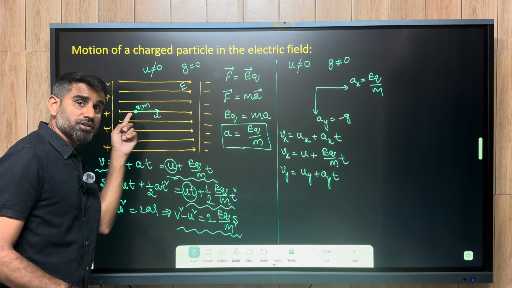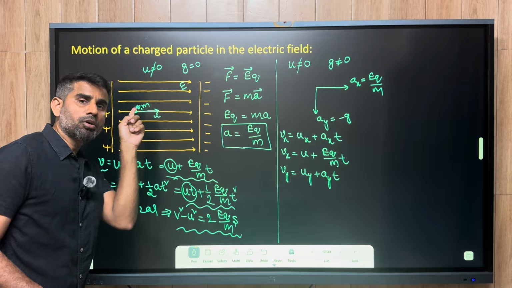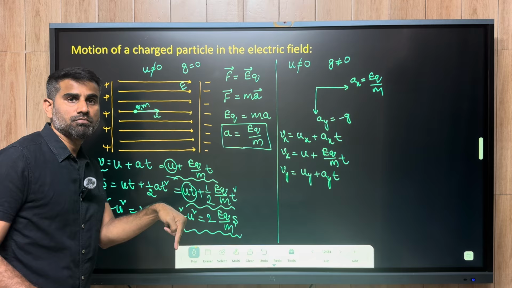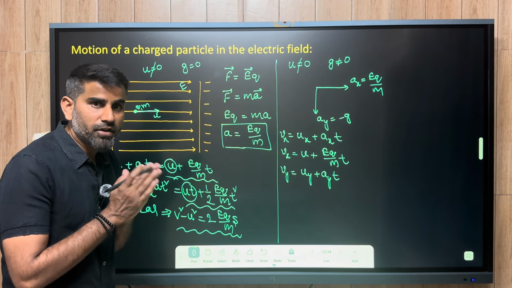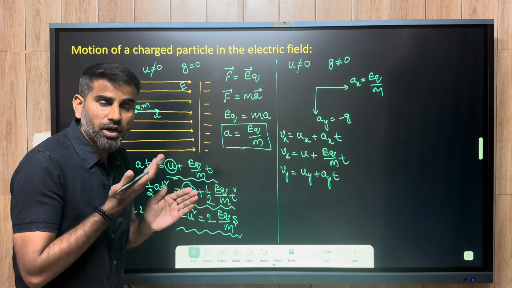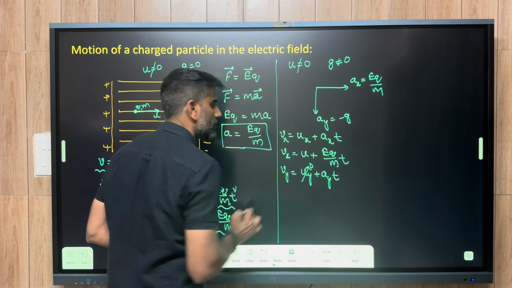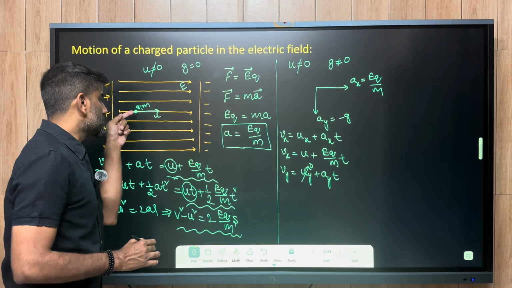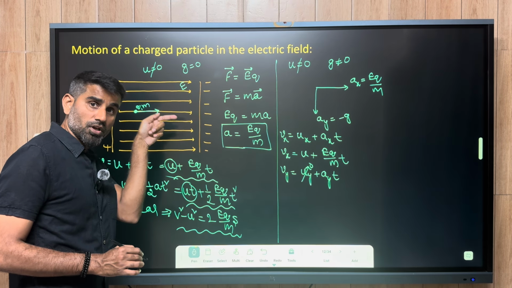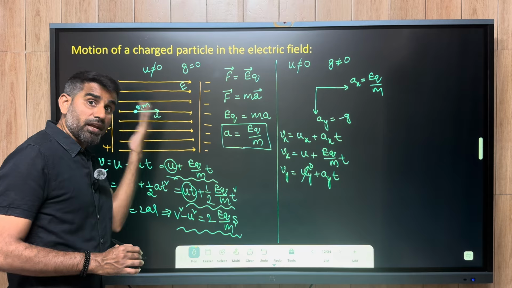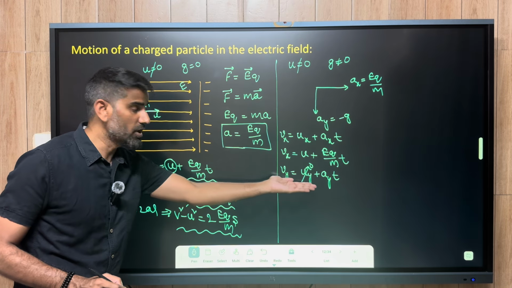As the particle is projected along the horizontal direction in the direction of the field, its vertical component of initial velocity will be 0, as I haven't provided any velocity in the vertical direction, up or down. So its y component of initial velocity will be 0, because the charged particle is projected along the x-axis, not along the y-axis. After some time, it may gain velocity in the y-axis. That we are going to get from the equation.